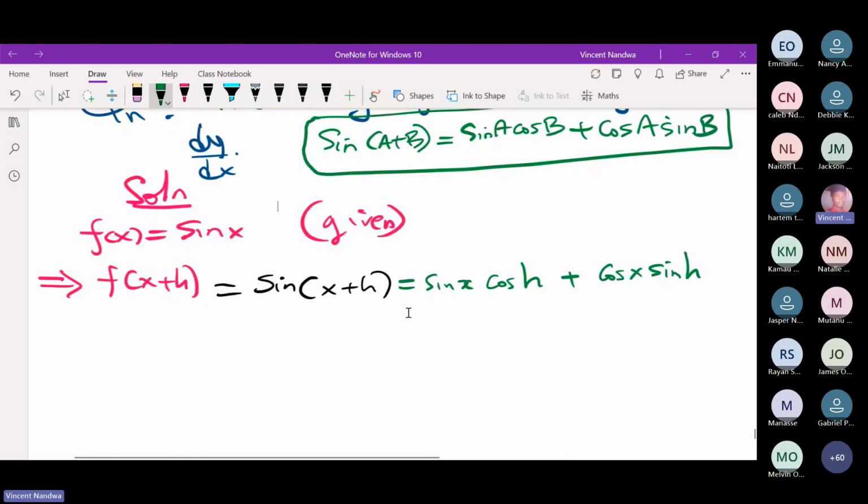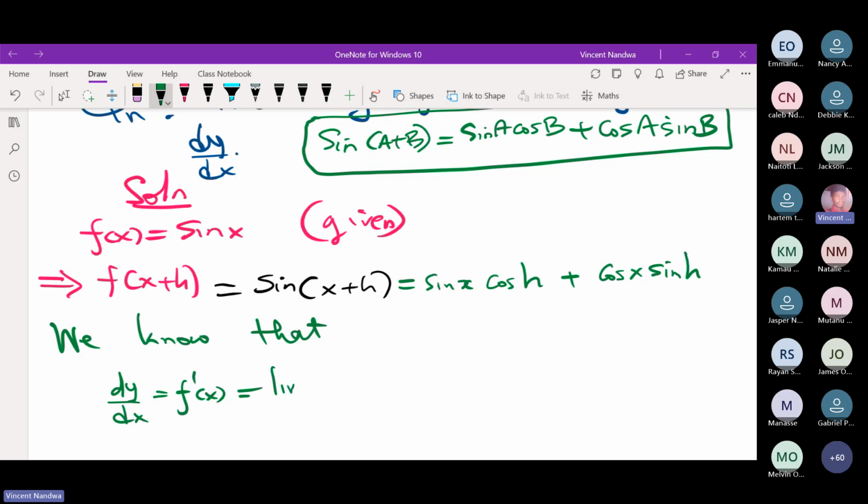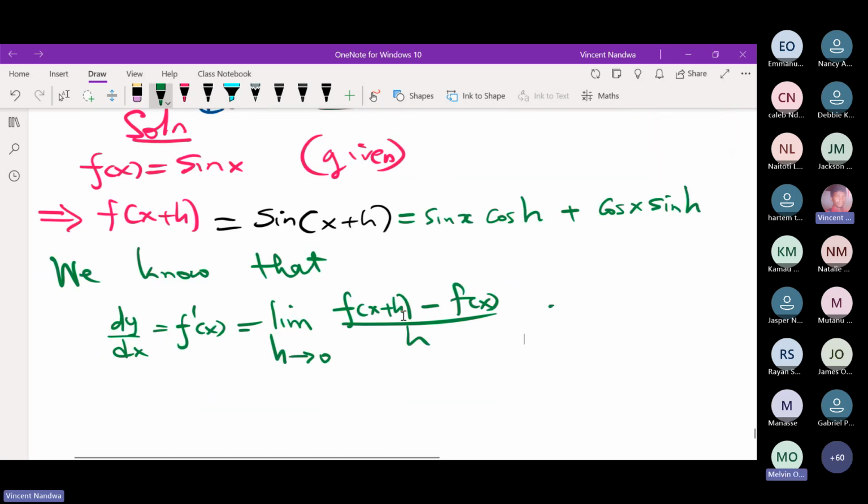So now we know that the derivative f prime of x, which is dy dx, is the limit as h approaches 0 of f of x plus h minus f of x divided by h. This is by definition. So let's put in the quantities we have. This implies dy dx, which is f prime of x, will be the limit as h approaches 0.